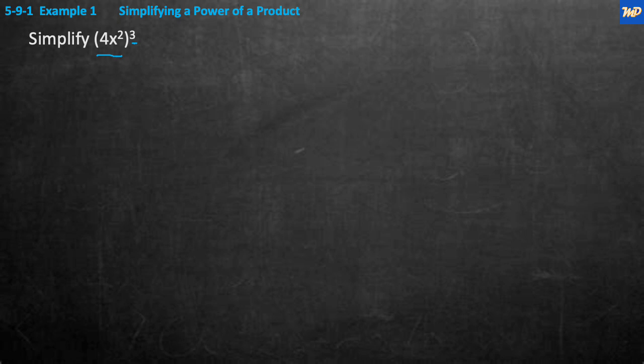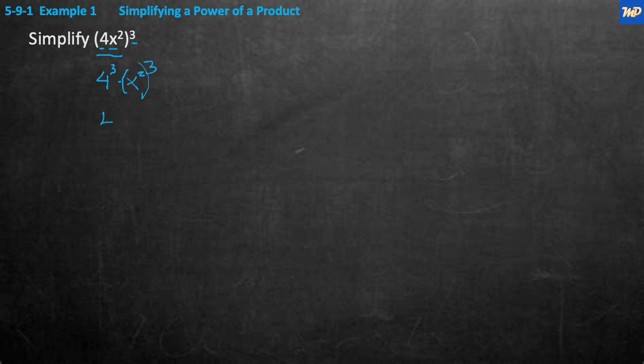So each item, this is like the A times B kind of thing we just went through in the key concepts. So we're going to break this apart by saying 4 cubed times x squared cubed.